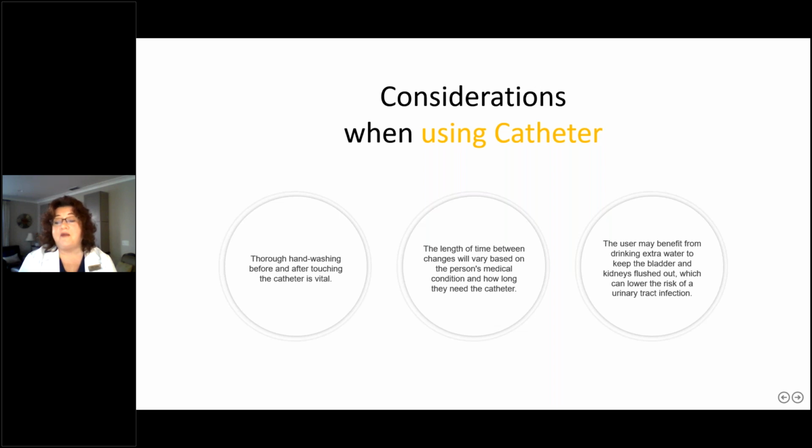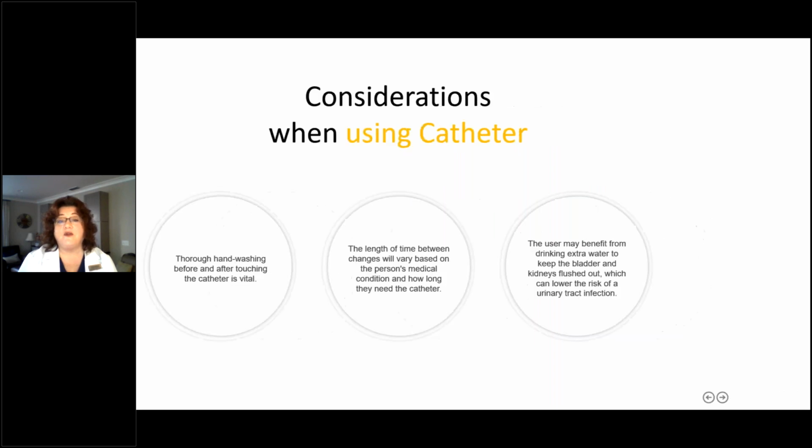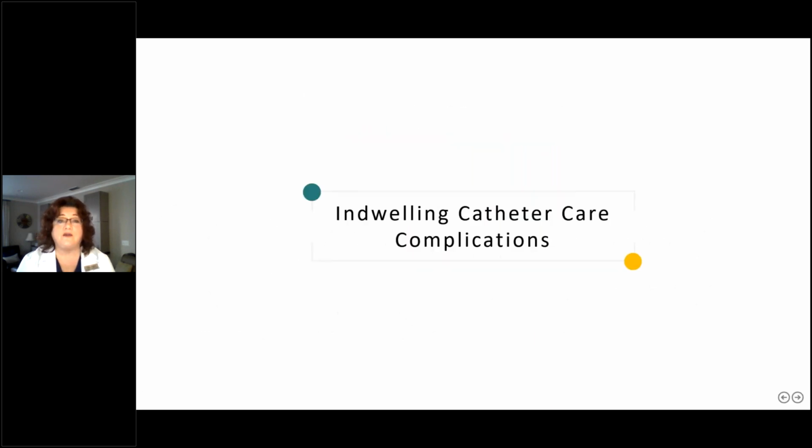And then the user may benefit from drinking extra water. That can help to keep the kidneys flushed out and lower the risk of urinary tract infection. So even though he was using an intermittent catheterization technique, he still definitely should have been washing his hands and doing it correctly, but he lived through it. Guess he built his immune system pretty good.